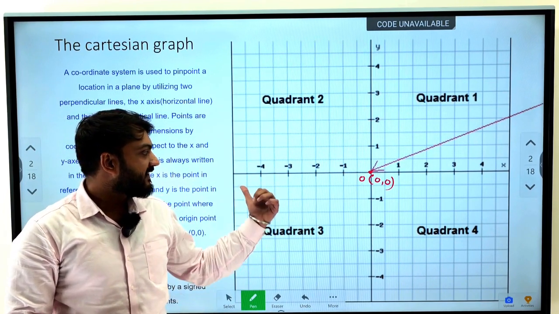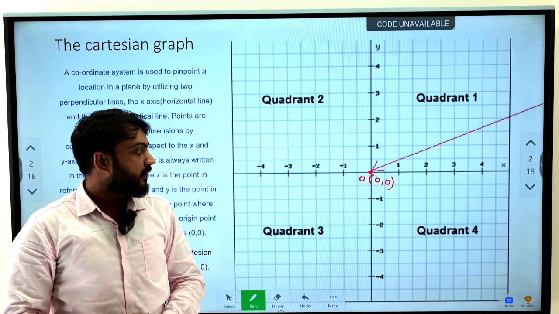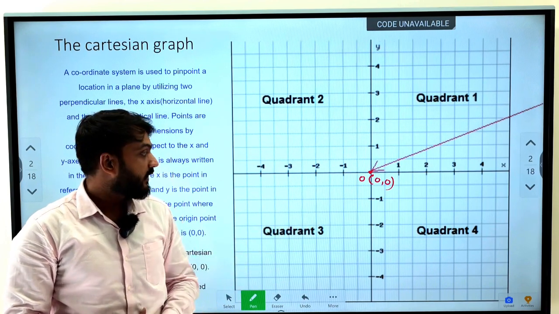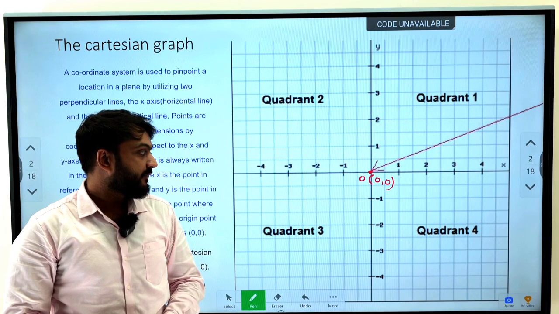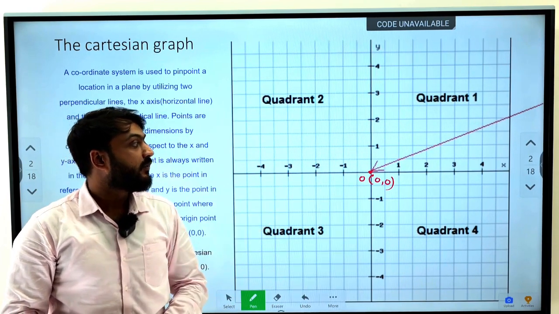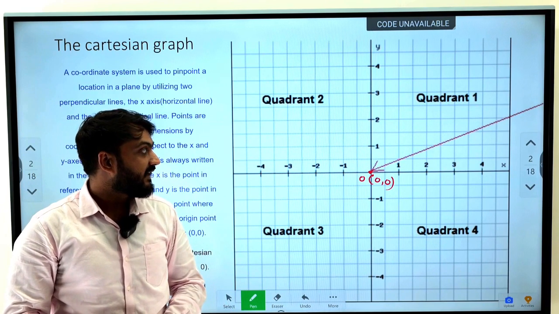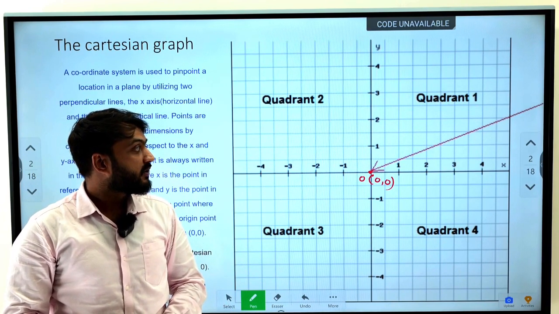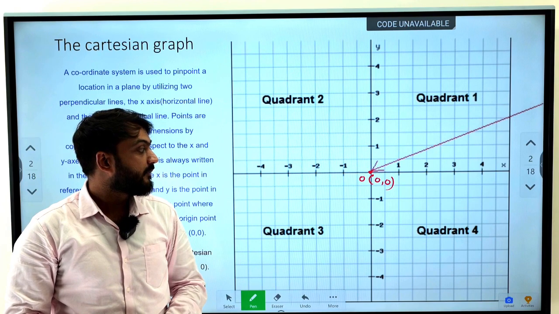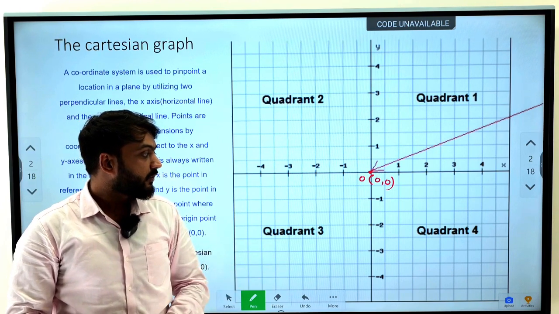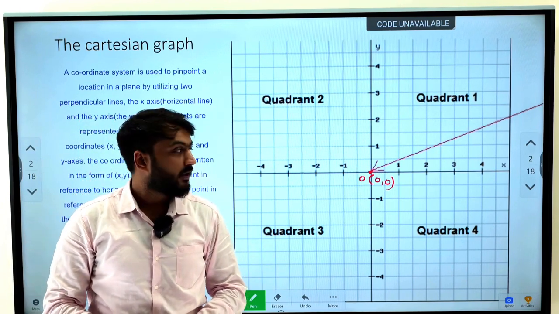And as you move towards the left from 0, you will see negative numbers. The same applies for the vertical line or the y-axis. As you move upwards from 0 or from the center, you will see positive numbers in increasing order. And as you go below, you will see negative numbers.